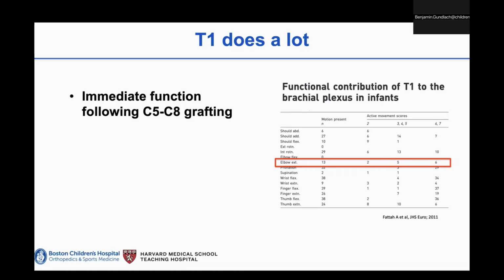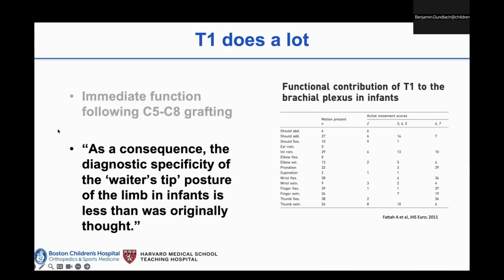And in 6 of those 40 patients, they had an AMS of 6 or 7. This ultimately led them to conclude in their paper that as a consequence of this data, the diagnostic specificity of things like the waiter's tip posture, which we associate with an upper trunk injury only, at least in the infant, is less reliable than was originally thought.